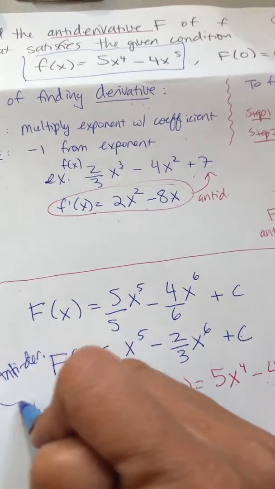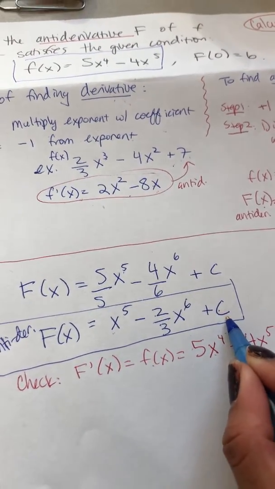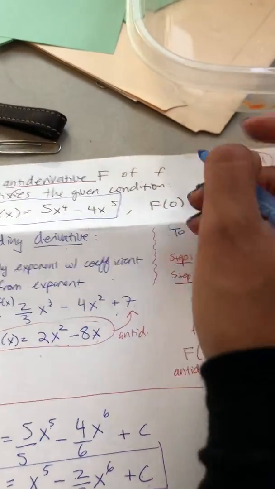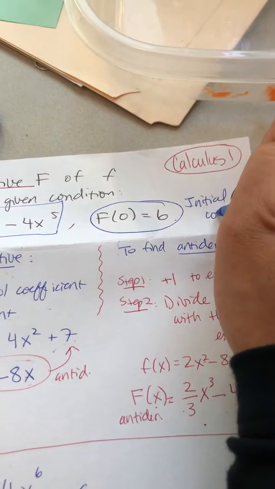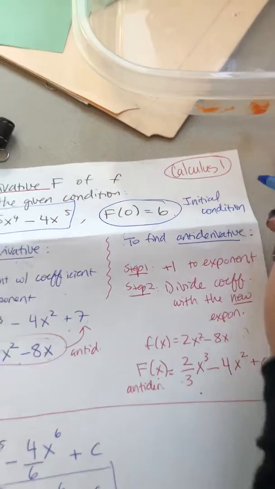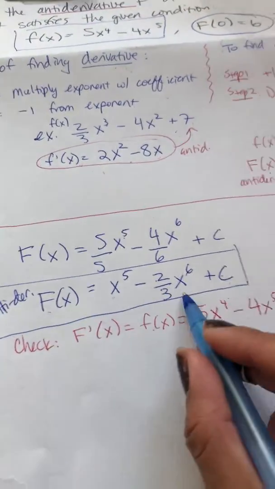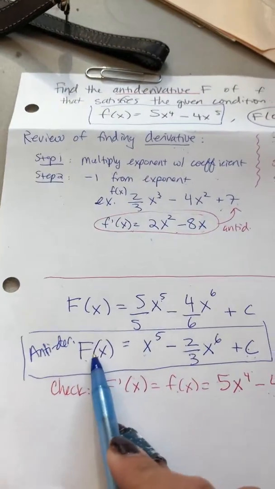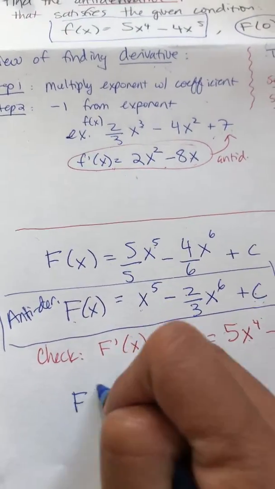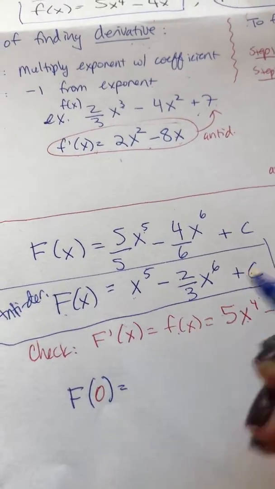All right, so the question though is, what is c? We can determine what c is by this initial condition. This is what we call the initial condition, and that will help us determine what the constant c is. Since F of x is equal to this, if I plug 0 into this function, what am I going to get?